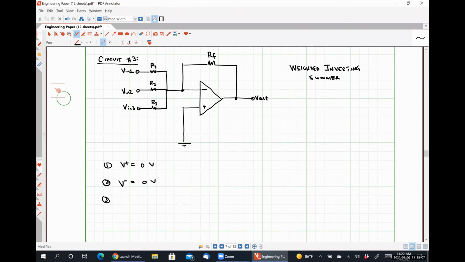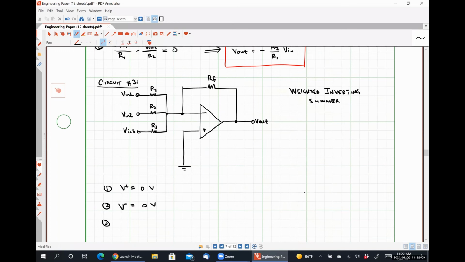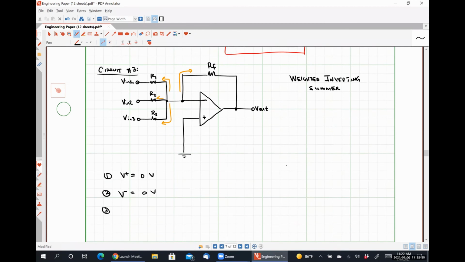Our KCL equation honestly isn't going to be that much more difficult. I just want to be clear about what we're doing here. So we would be taking this current, this current, this current, and this current, and adding them all together. And so I'll go ahead and take care of this for you.